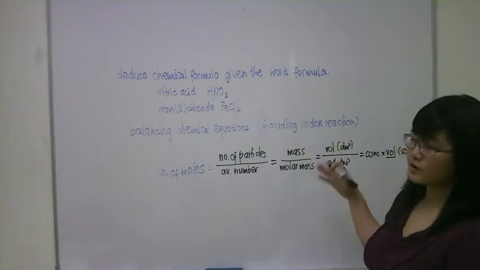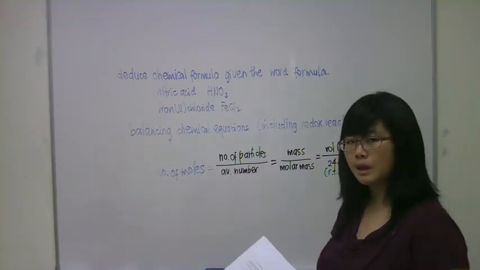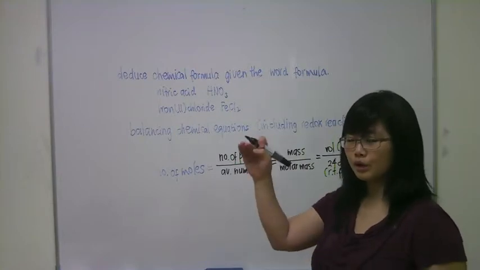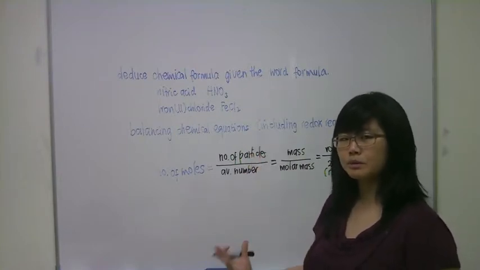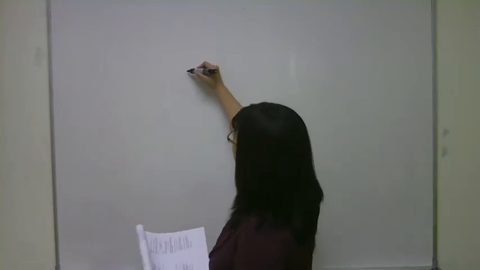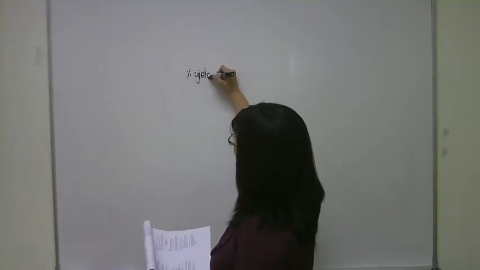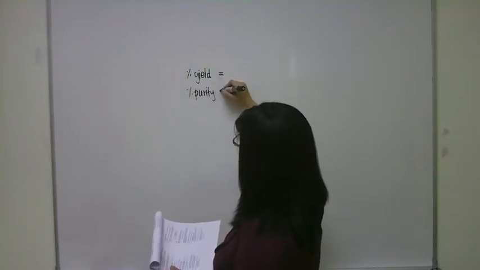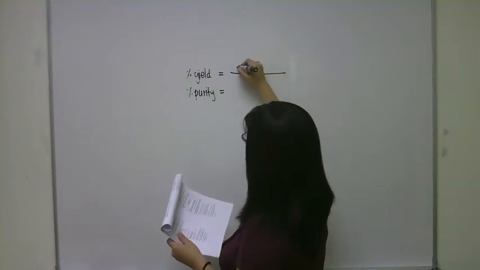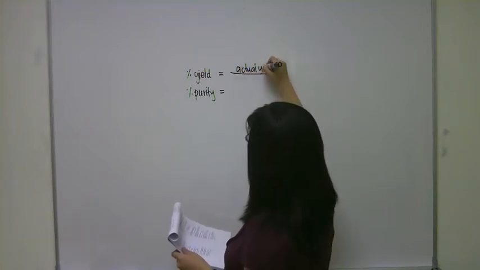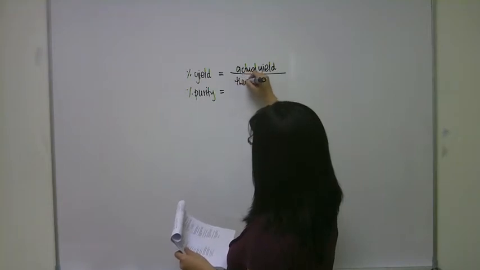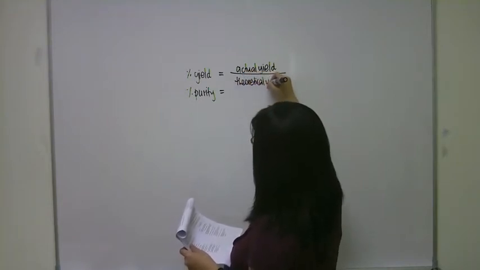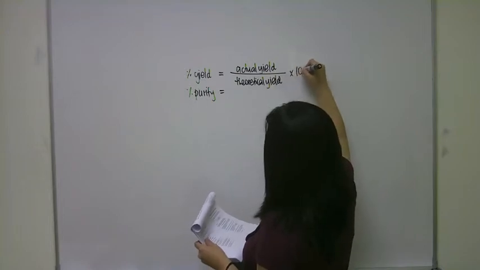And after that, you can give a lot of sample questions. You can run through with them how you do the questions, and they should be able to learn from there. Some other minor formula that you need to teach your students will be those involving percentage yield and percentage purity. Percentage yield is actual yield over theoretical yield times 100%.